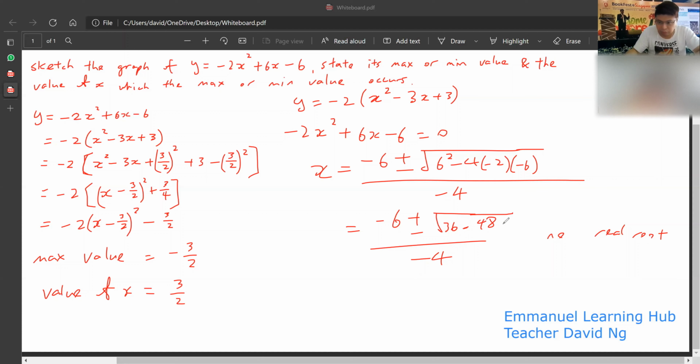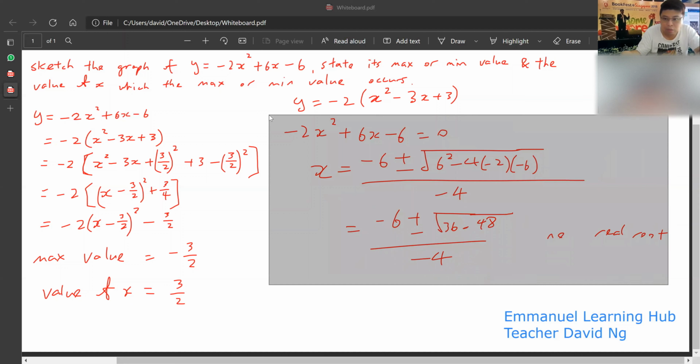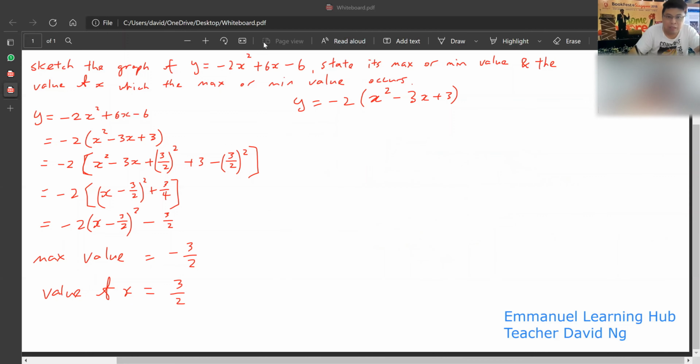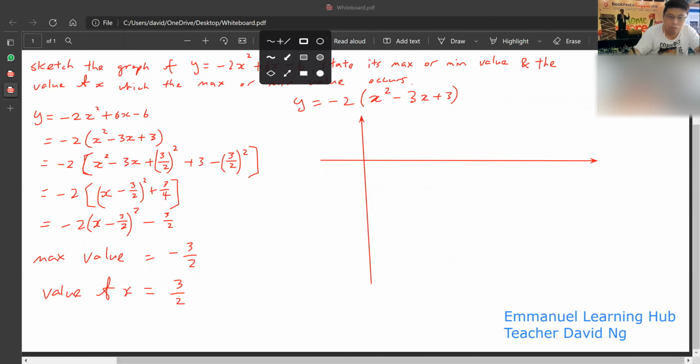Yeah. Because this part is negative. No real root. Square root of a negative, you can't define. So no real root means it doesn't cut the x-axis. The curve is not going to cut the x-axis because there's no real root. For a graph that has no real root, N shape, right?